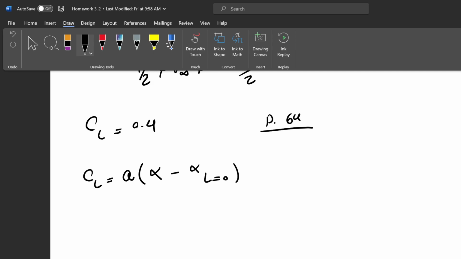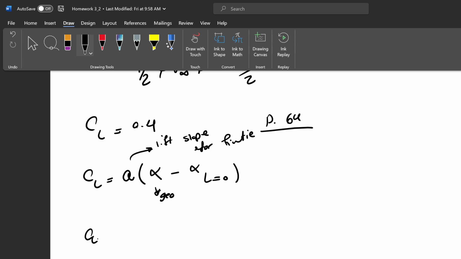So our lift coefficient here is going to be equal to a naught, or either a, which is your lift slope for the infinite wing. I'm sorry, for finite wing. And this is your geometric angle of attack.